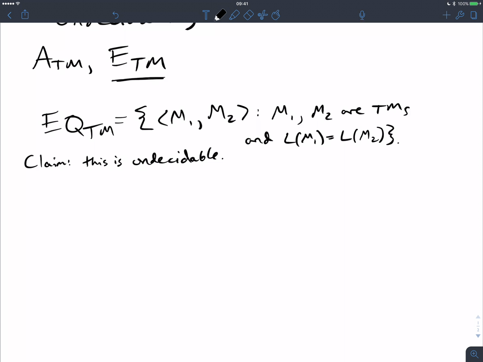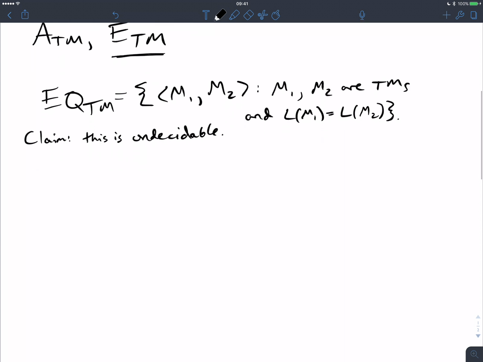So the idea here is I assume I have a decider for Eq TM, and now using that decider, I'm going to make one for ETM. But that obviously can't happen because ETM is undecidable. So, proof.